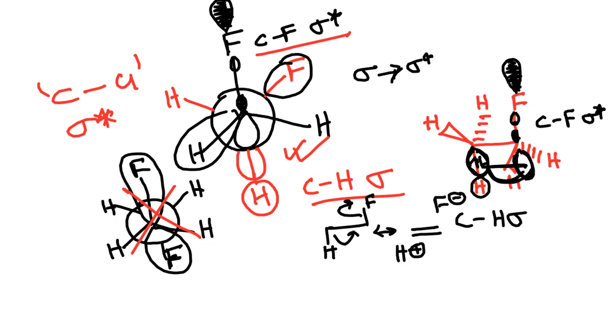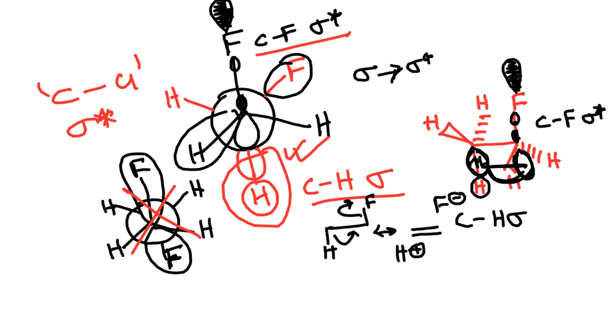So the CH sigma bond can interact only with those LUMOs which are at a similar energy level.